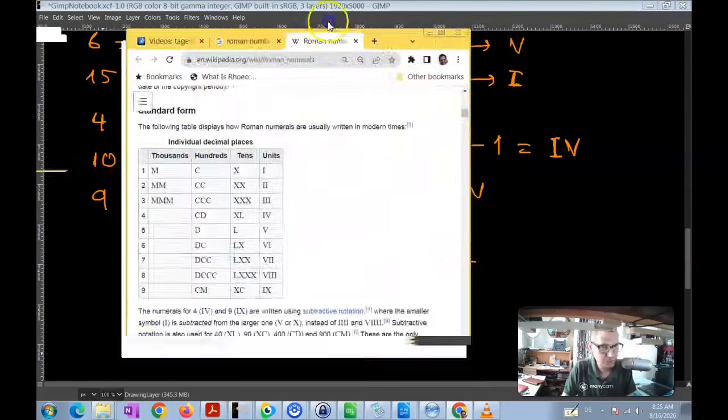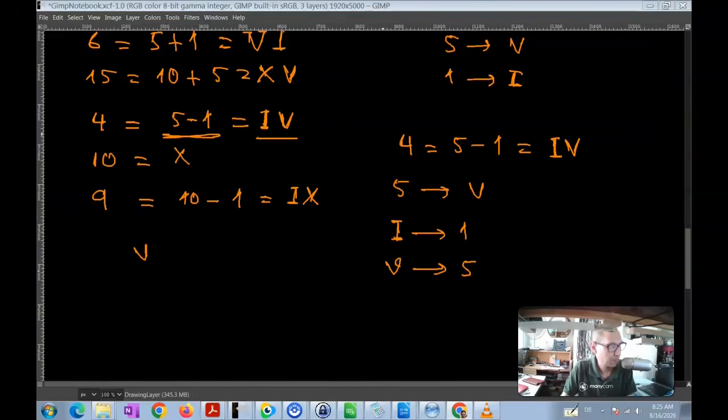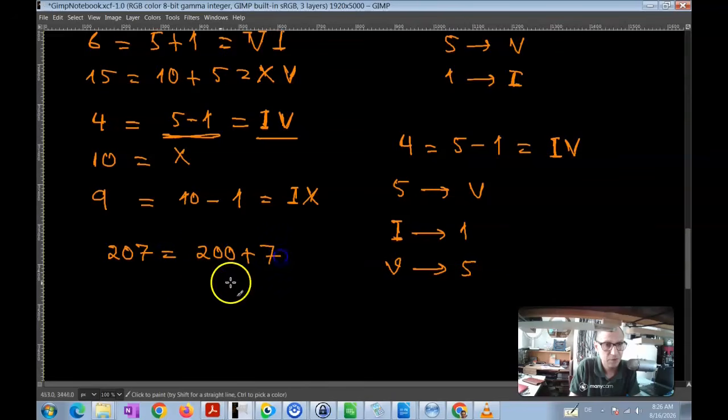So, for example, let's take the example of 207. If you want to write 207, you know that 207 is nothing but a 200 plus a 7, and that's the same thing as 100 plus 100 plus a 7, and a 7 is the same thing as 5 plus a 2, right?